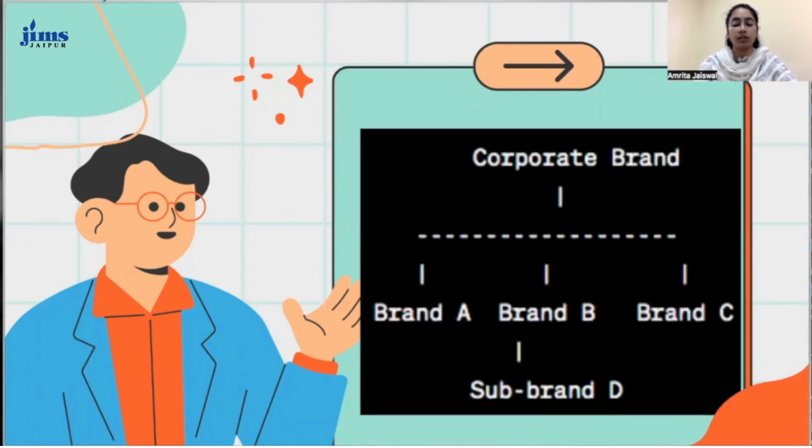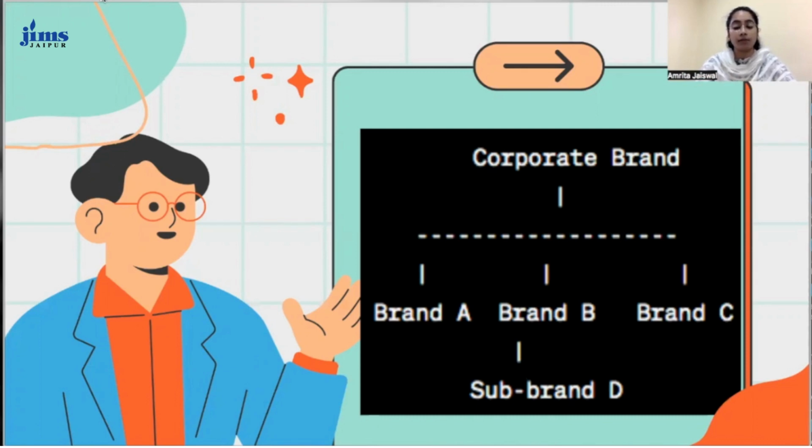On the top, you have a corporate brand that represents the overarching brand for the company. Underneath the master brand or the parent brand are three different brands, each representing a different product or service offered by the company: Brand A, Brand B, Brand C. Additionally, Brand B has a sub-brand, that is D.